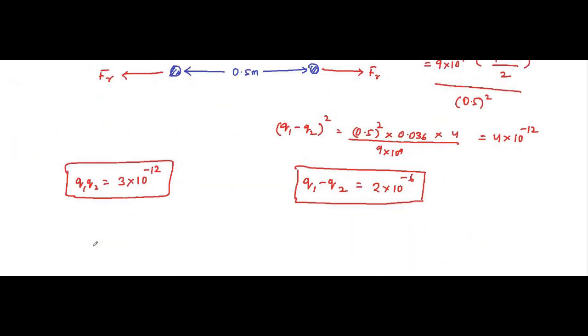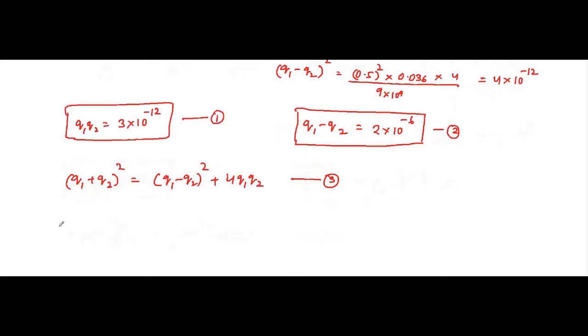Now, (A plus B) whole square is equal to (A minus B) whole square plus 4AB, so (Q1 plus Q2) whole square equals (Q1 minus Q2) whole square plus 4 Q1 Q2. We'll substitute these values in this equation.